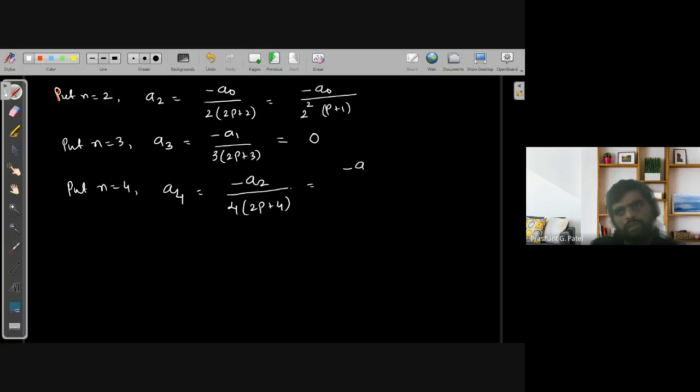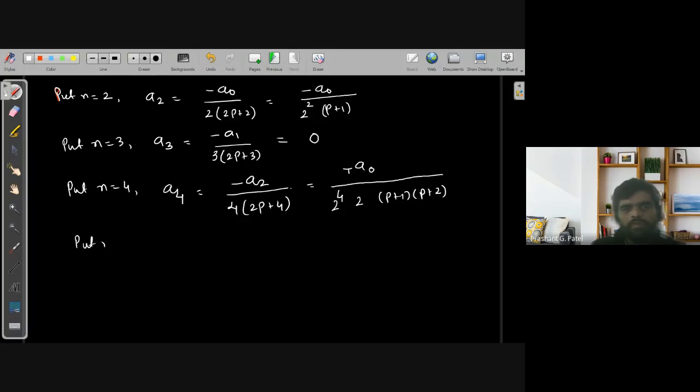Substituting the value of a2, minus minus becomes plus, so a4 is a0 upon 2 power 4, taking 2 common, times (p plus 1)(p plus 2). So we'll have this expression.